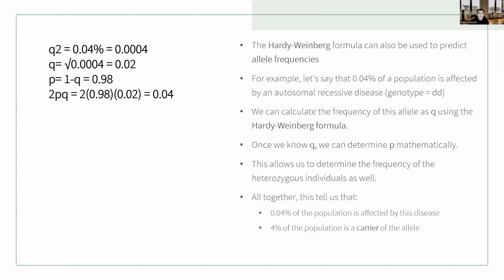If we assume Hardy-Weinberg equilibrium in these large populations, we can ask: here are the observed allele frequencies right now, do they match what Hardy-Weinberg equilibrium says they should be? And if they don't, that tells us there is some evolutionary force acting on that population.